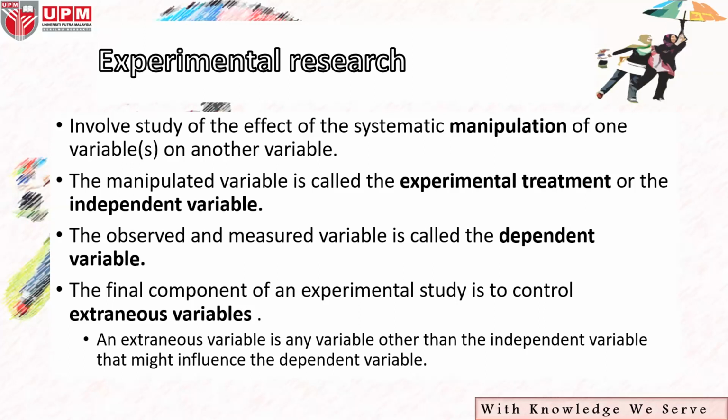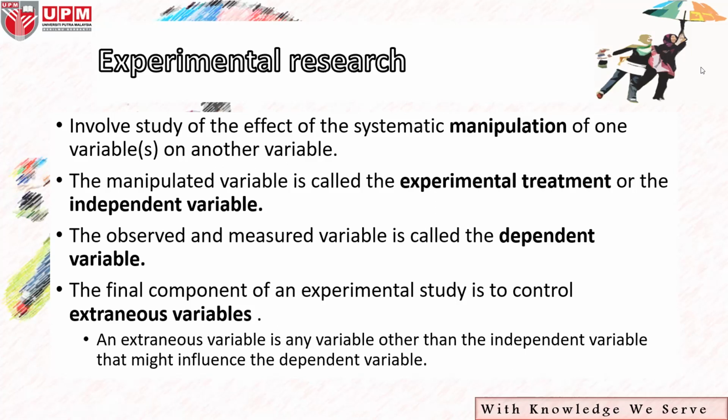Okay, so the manipulated variable is called the experimental treatment, or the independent variable. So di dalam experimental research, the observed and measured variable is called the dependent variable. So experimental study ni is just what we did during our secondary school in lab. Macam itulah biasanya. So the final component of an experimental study is to control extraneous variable.